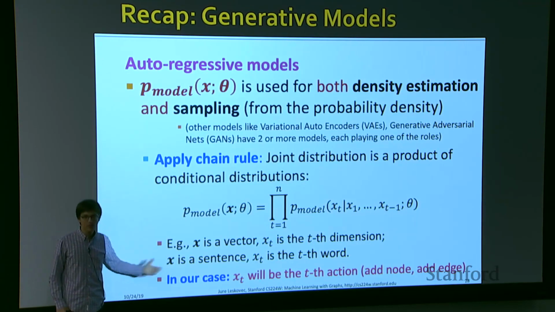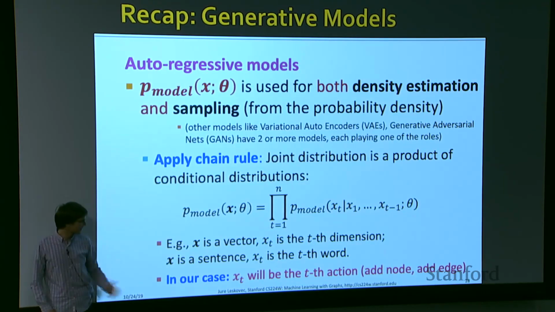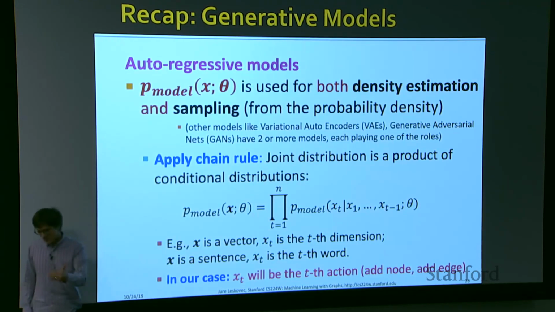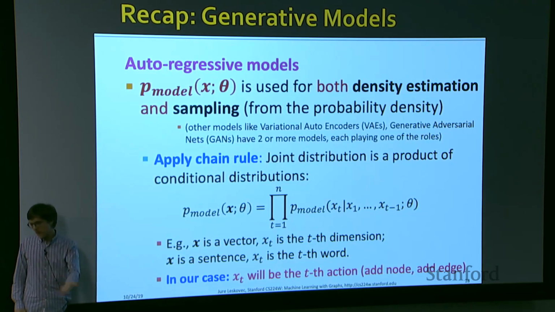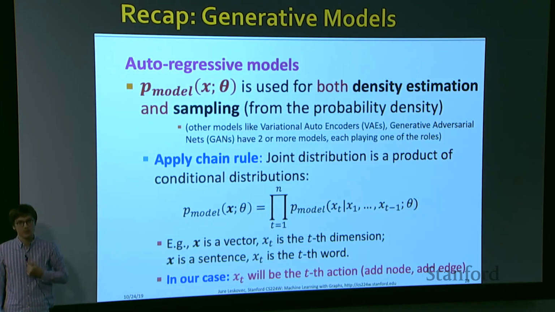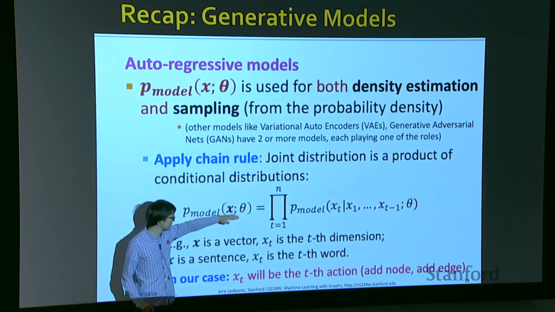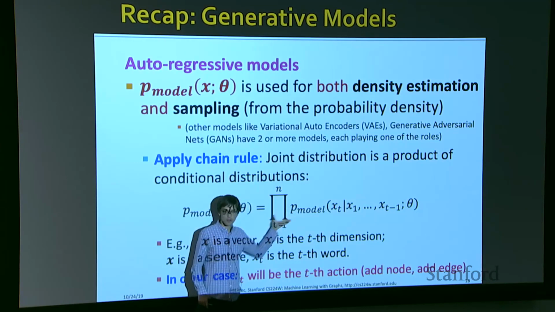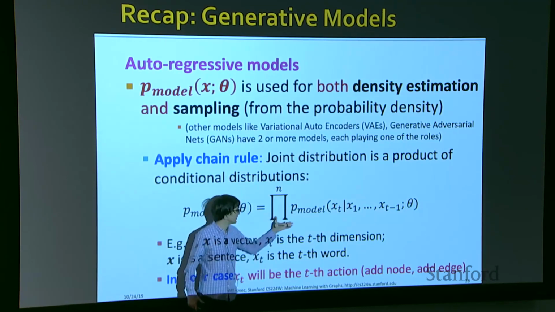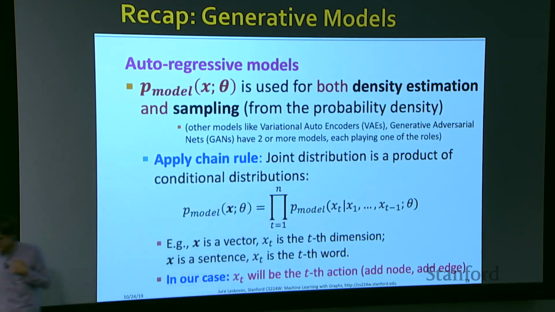Or if you say I want to generate natural language, I want to generate a sentence, then you could say I generate a sentence as a sequence of words, where the next word depends on all the previous words. And again, this can be as complex as possible. You can always factorize it in this type of way using the chain rule.